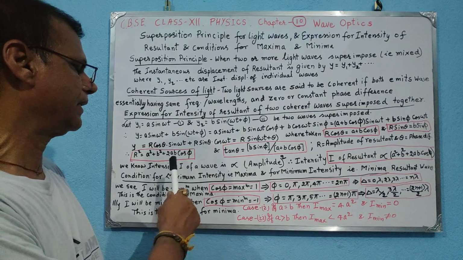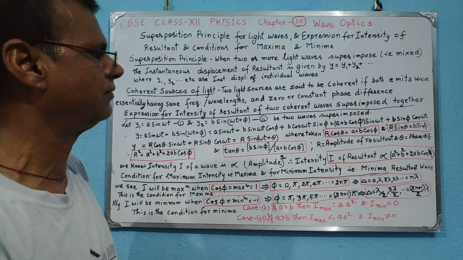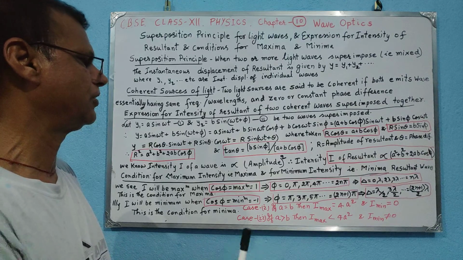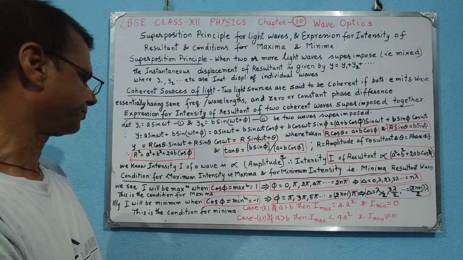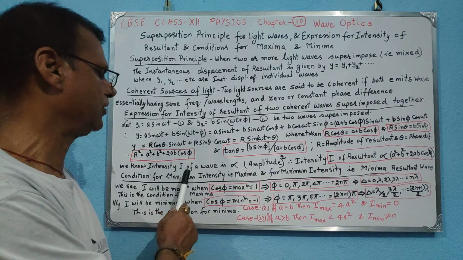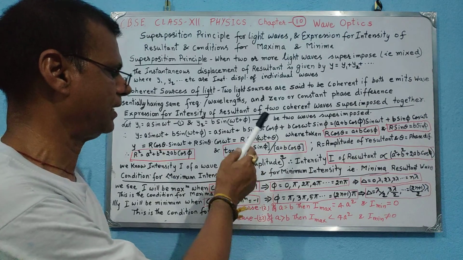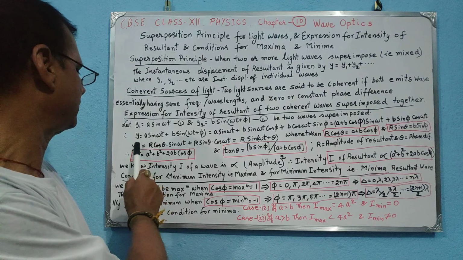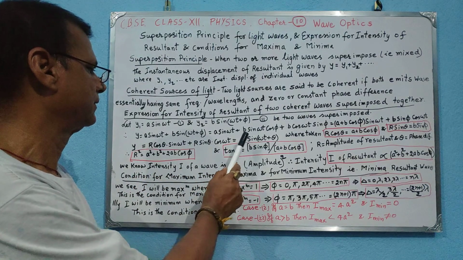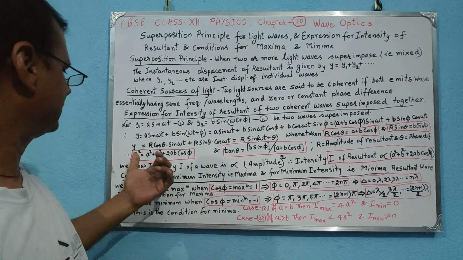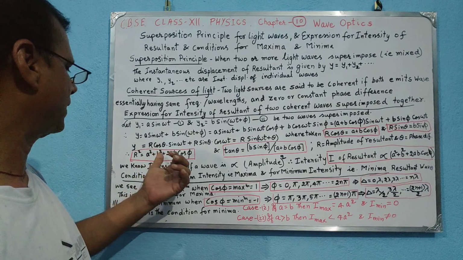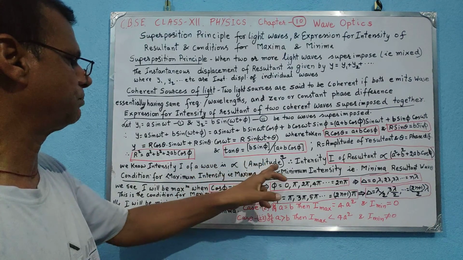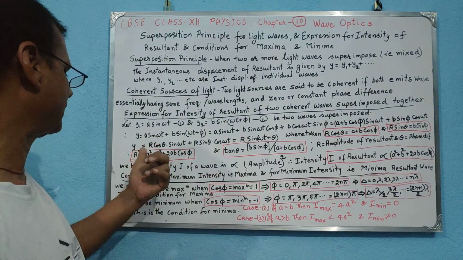Now we are interested to find the intensity of the resultant wave. We know that intensity is always proportional to the square of the amplitude of the wave, and the amplitude of this resultant wave is R. So R square is a square plus b square plus 2ab cos phi, and intensity is proportional to amplitude square, that is R square.